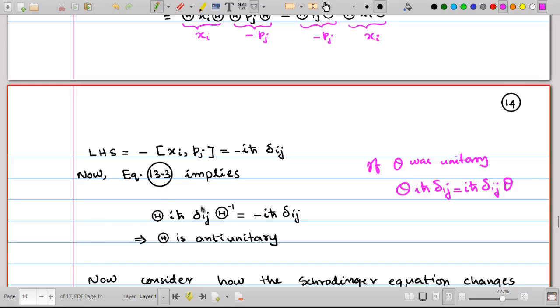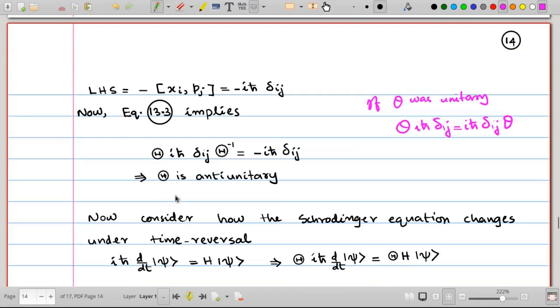Then this theta will get transported to the position after the delta ij, the Kronecker delta. Then theta times theta inverse would be the identity operator, and we will get i h bar delta ij. But the right hand side is not i h bar delta ij. It has an additional negative sign, and therefore theta cannot be a unitary operator.